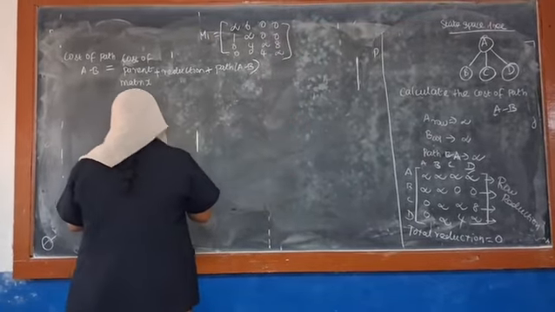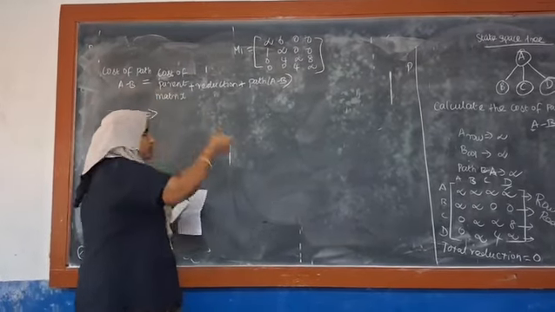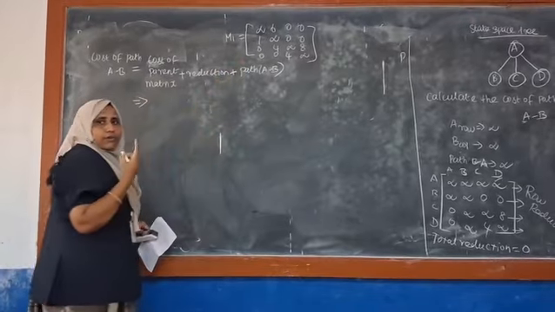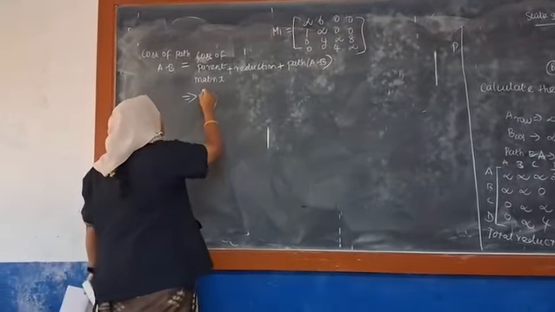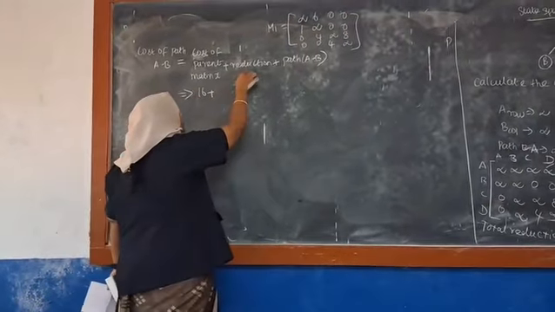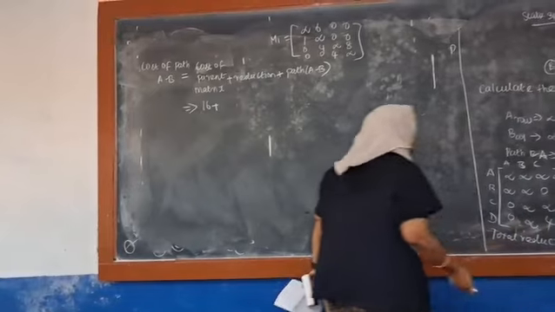Now, cost of parent matrix. What is the cost of parent matrix? This M1 we have found the cost, that is 13 plus 3, that is 16. So that is the cost matrix. And the reduction, I got that, that is 0.